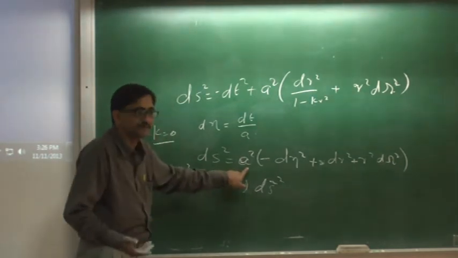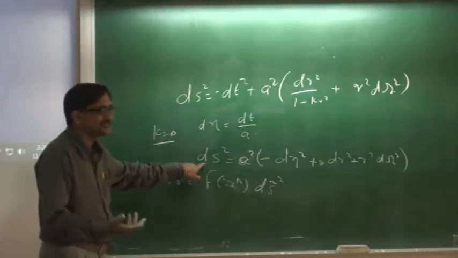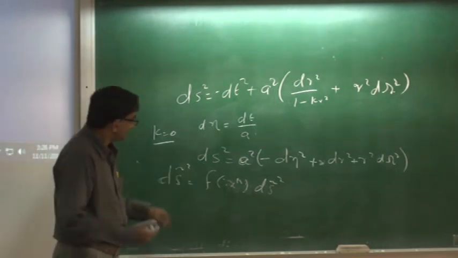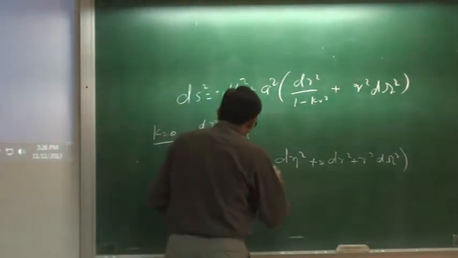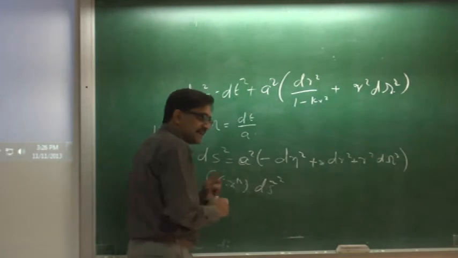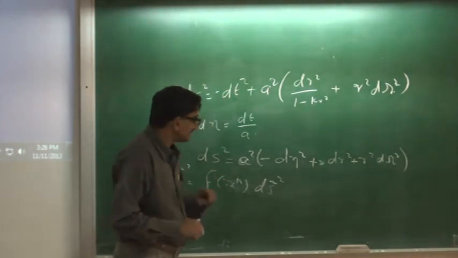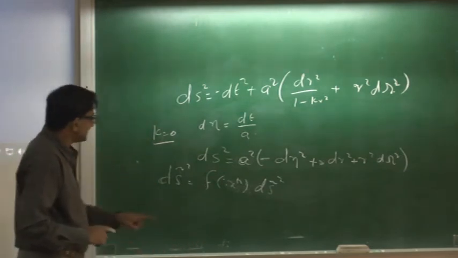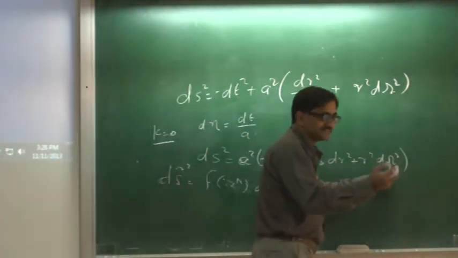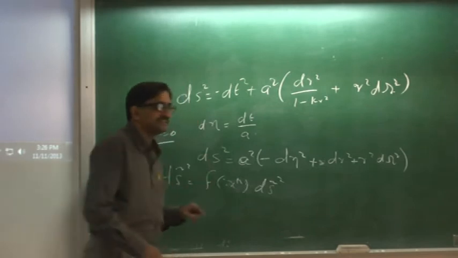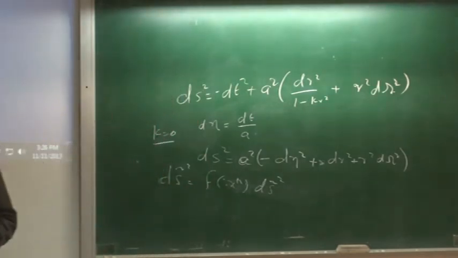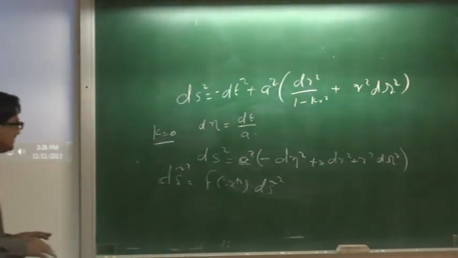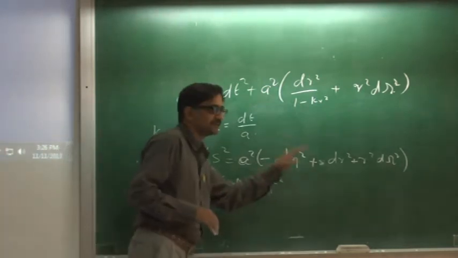I have produced a new ds square; in other words, this ds square has been obtained by a conformal transformation of a Minkowski ds square. Since the Minkowski ds square is flat, this is called a conformally flat metric.